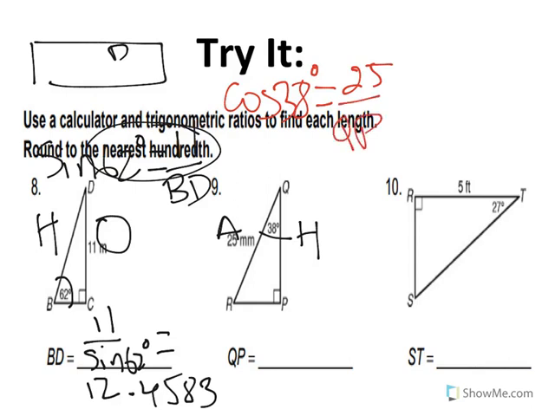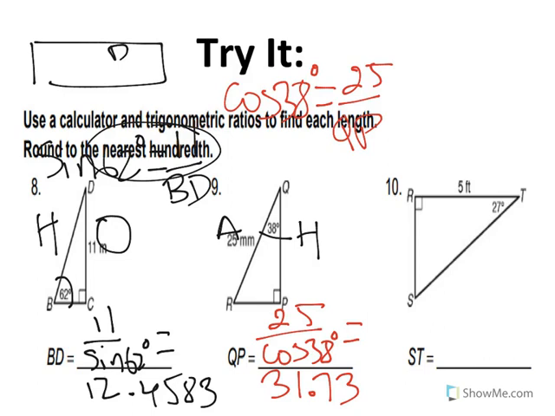Using your cross product, PQ equals 25 over cosine of 38 degrees. Then use your calculator: 25 divided by cosine of 38 gives us 31.73. All right.